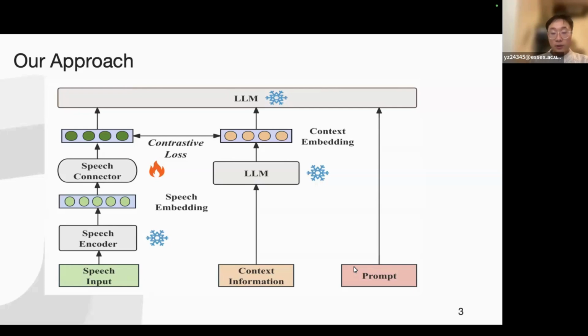And like the speech input, we will also have the context information, which will be processed by the embedding layer of the LLM. And then the most crucial part of our approach is that we will apply a contrastive loss on the speech embedding and the context embedding. And then with a task-specific prompt, we will get a context-aware multilingual multimodal ASR.